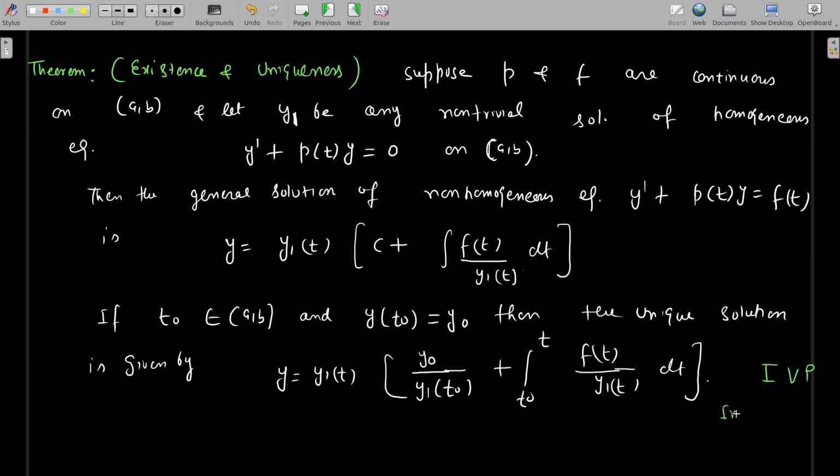What is called an initial value problem? Okay, when you have one condition that you know the solution at t equals to t naught. So if t naught is any point and y(t naught) equals to y naught, and this is the solution of the non-homogeneous one, then the unique solution is given by this formula.